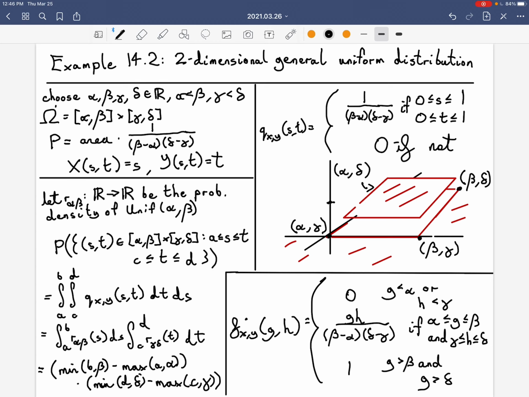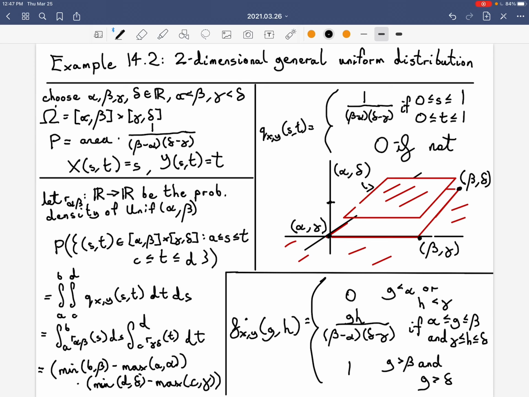So the explicit way this works out in calculus is that I have a product of two integrals of one-dimensional general uniform distributions, and I calculate those integrals in the same way as I did in the lecture on that topic, and we come out to get this product of intersecting side lengths.